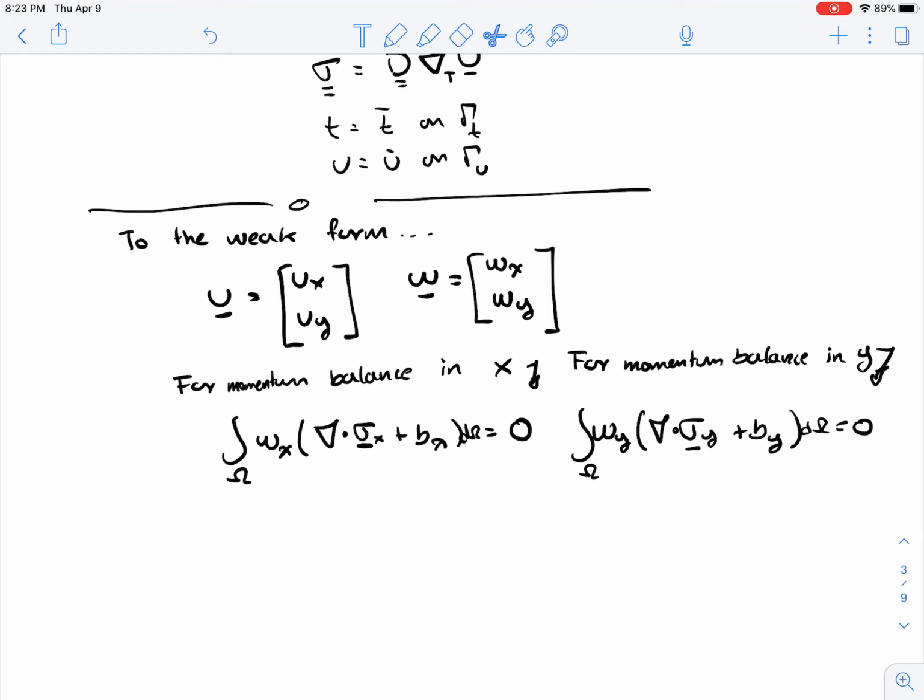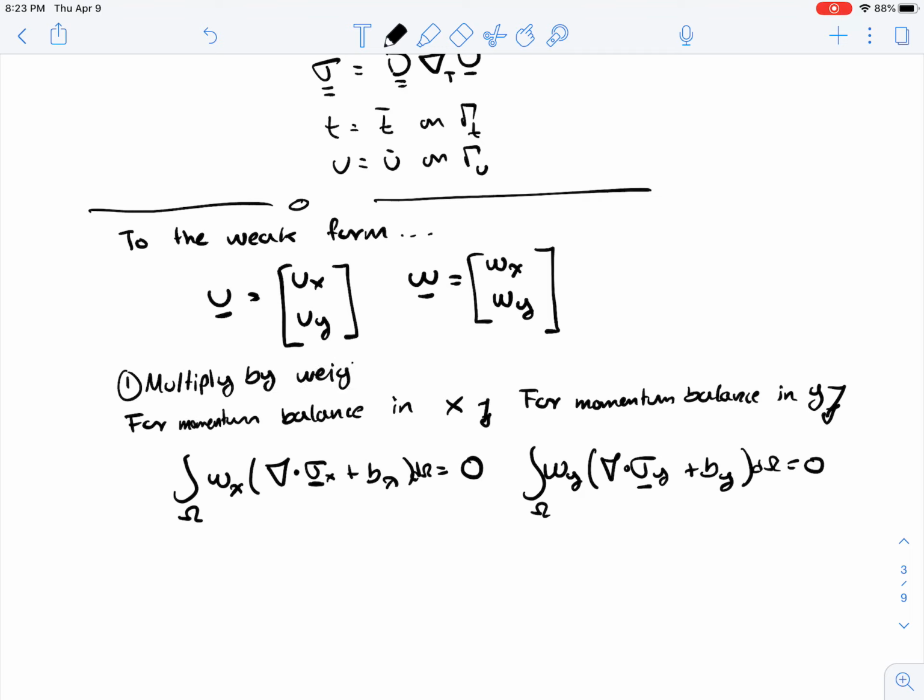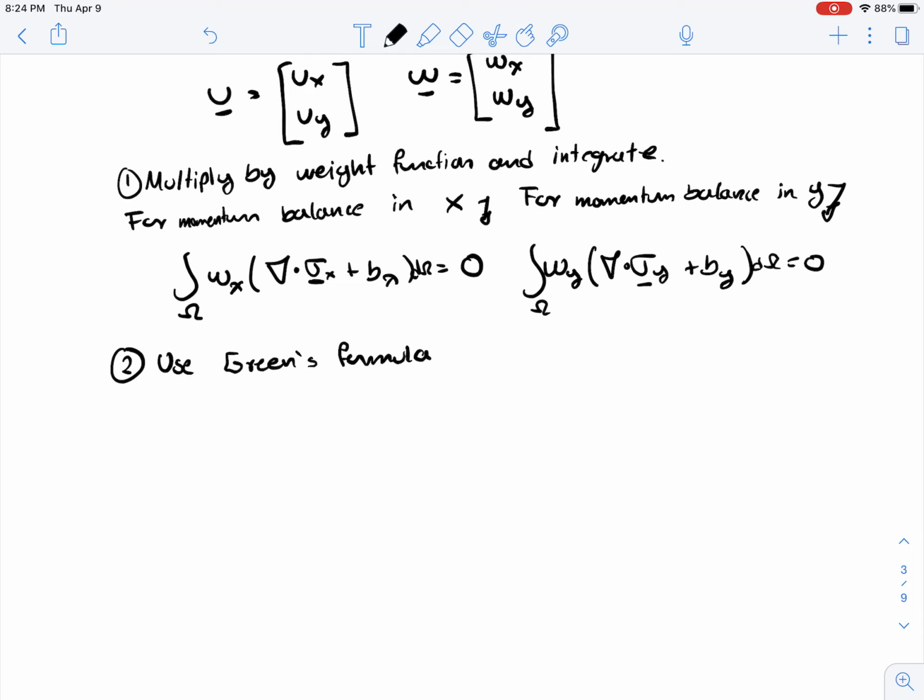So multiply by the weight function and integrate. Then use Green's formula, which is the equivalent of integration by parts for 2D.